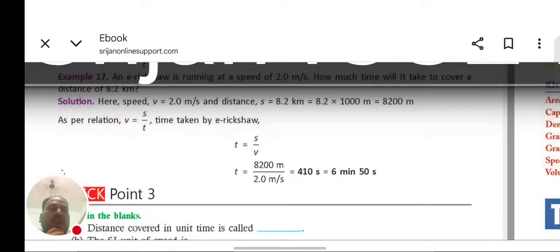So it will become how much? 410 second, and if we convert this 410 second into minute and second, then it will become 6 minute 50 second. So I hope you have understood all these topics which I taught in this revision session.